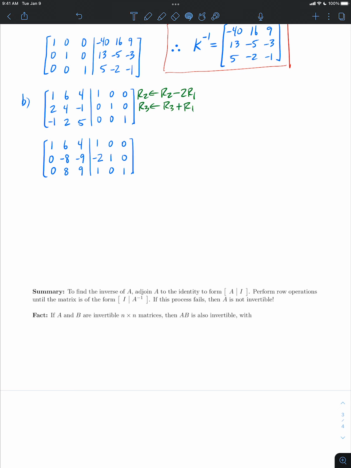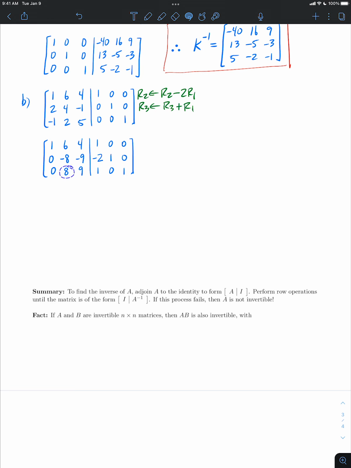And you might already be able to see what's happening and be able to predict the result here. Look at this. If you just look at the left half of this matrix construction here, we've got 0, negative 8, and negative 9, and we've got 0, 8, and 9. So what we could do is multiply row 2 by negative 1 over 8 and turn that into a 1. But then that's going to introduce a fraction here, here, and here. And why would we be doing that? We would turn this into a positive 1 so that we could subtract row 2 8 times from row 3.